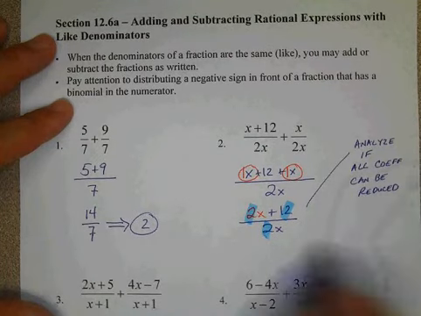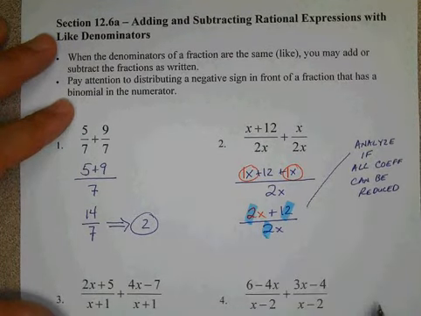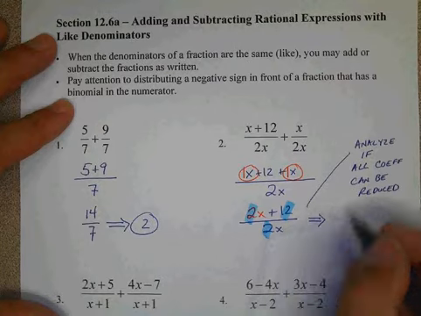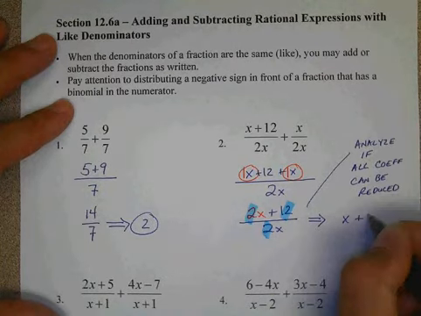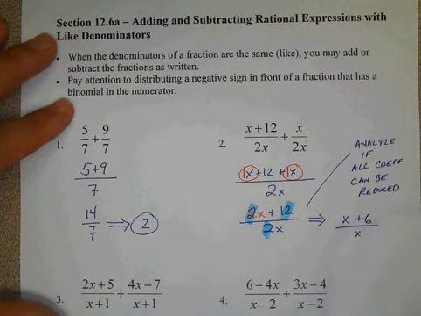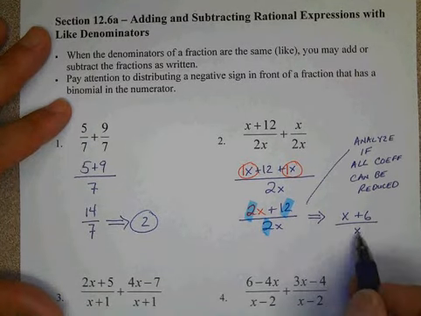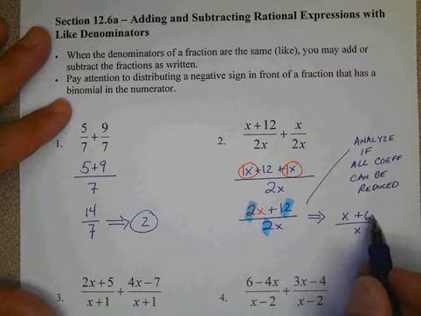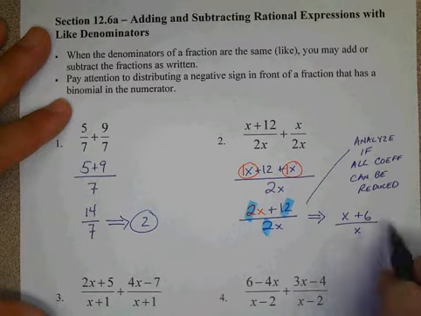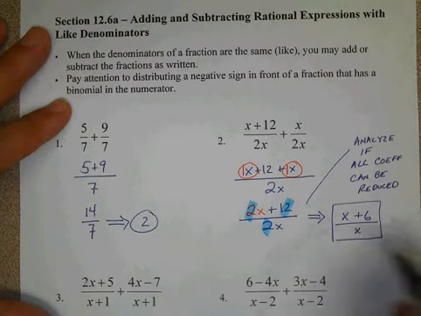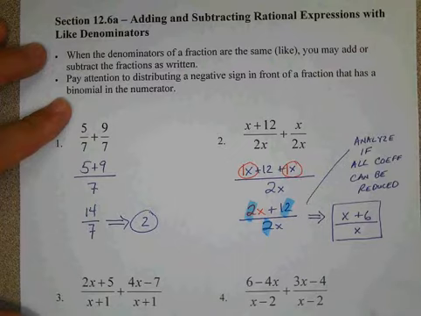Hopefully you're seeing that all three of those can be divided by 2. That leads us then to x plus 6 over x. Now, we would love to be able to cancel out these two x's, but we do not have an x that we can cancel with the 6, so that's as far as we can go, and that is our answer.